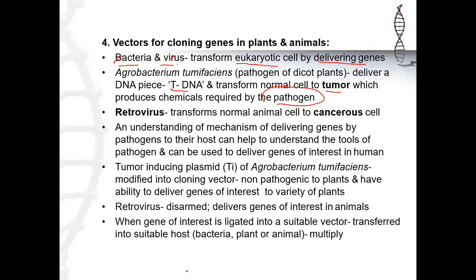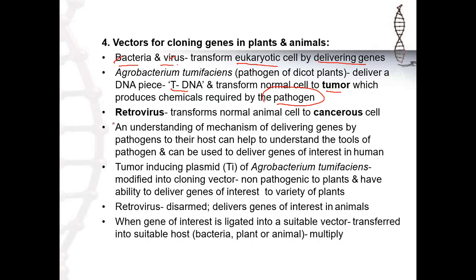So in the plants, we use the bacteria. An example of that is Agrobacterium tumefaciens, so that it will deliver genes into the host cells, resulting in the modification or alteration of the genes of the host plants.